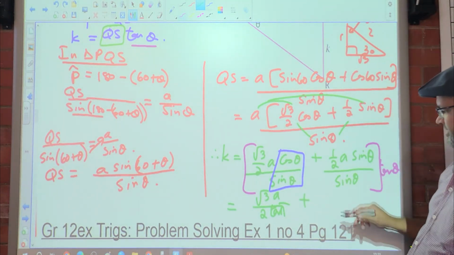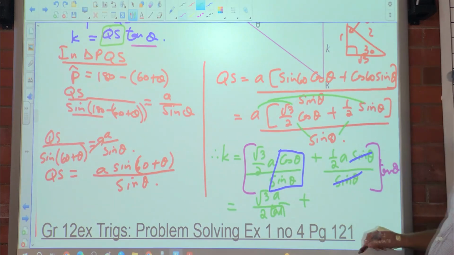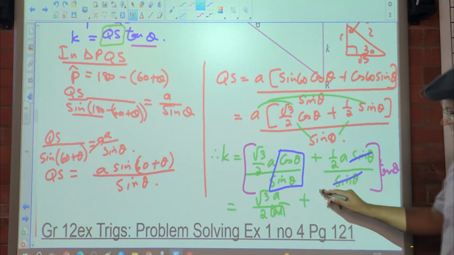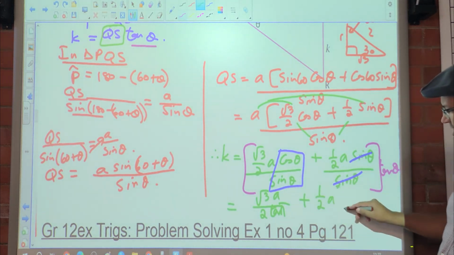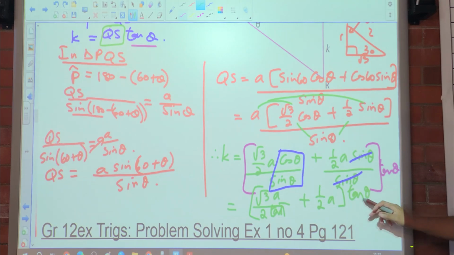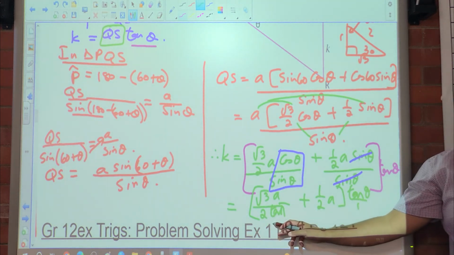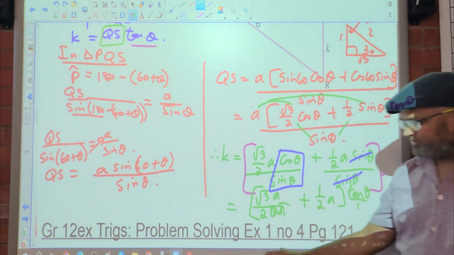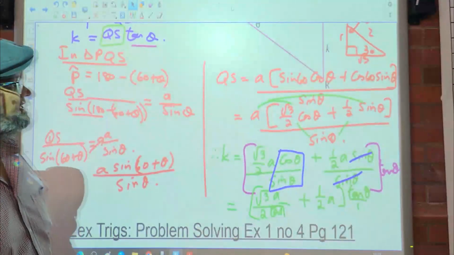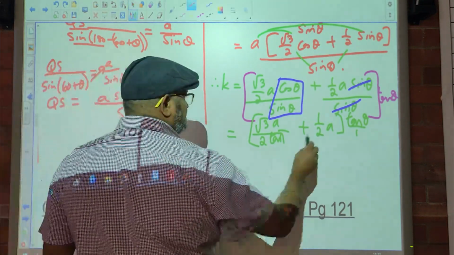Plus, what's going to happen here? Signs cancel, which leaves you with half A times tan of theta. But this is now tan over 1, and that is 1 over 10. Can you see that, people? So what do you think is going to happen here? When you multiply it in, it's going to cancel.